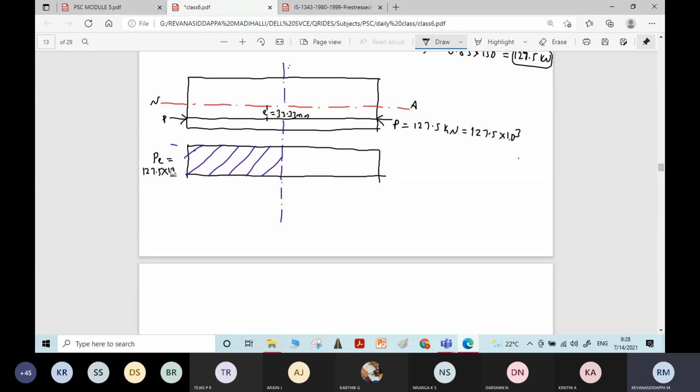What is the answer? 4.25 into 10 power 6. Okay.